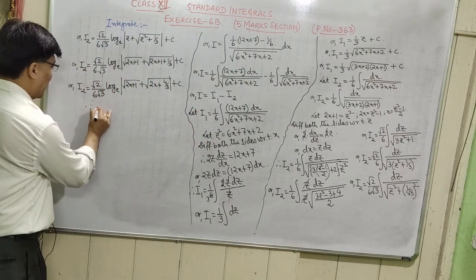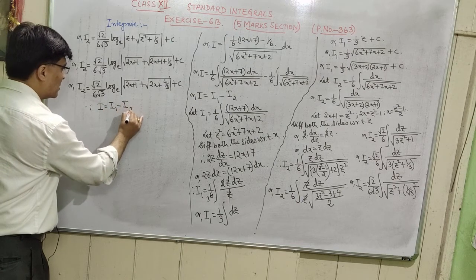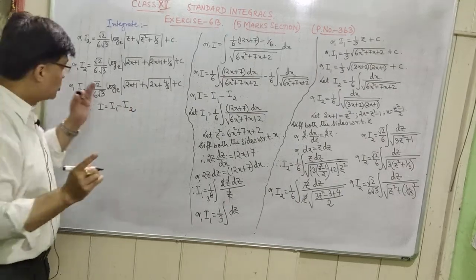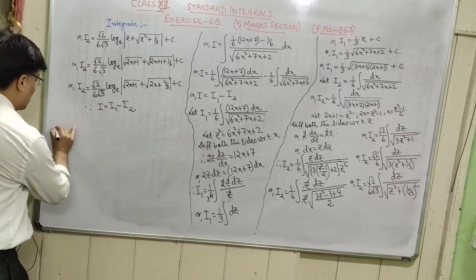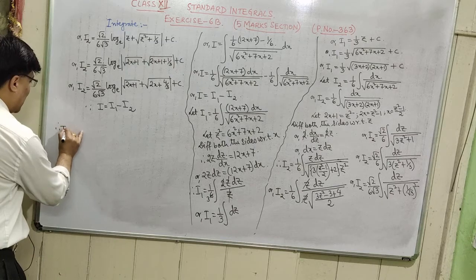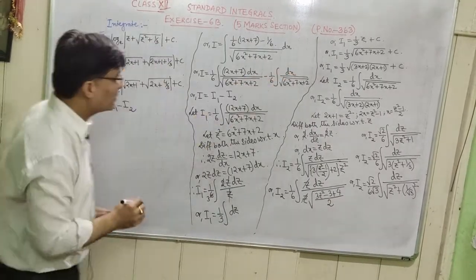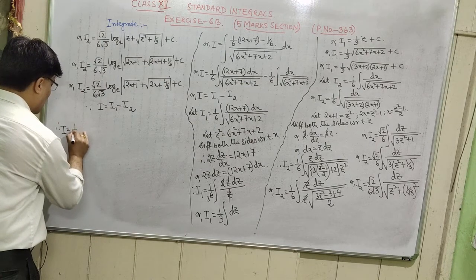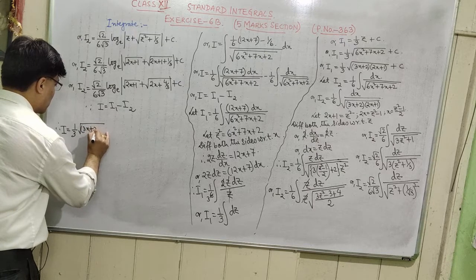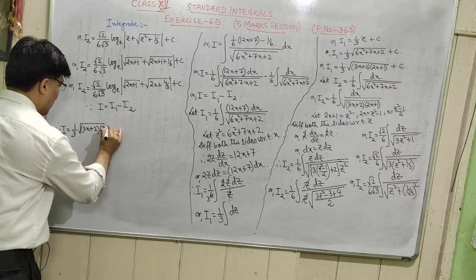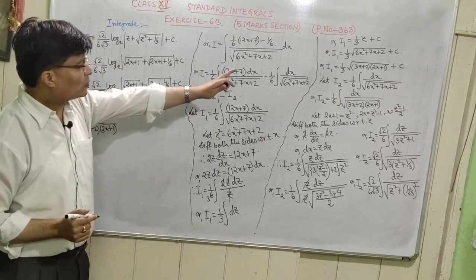Since we have I is equal to I1 minus I2, here we can put the values of I1 and I2. Therefore I is equal to, what was I1? I1 is 1/3 root over 3x plus 2 into 2x plus 1, within square root.